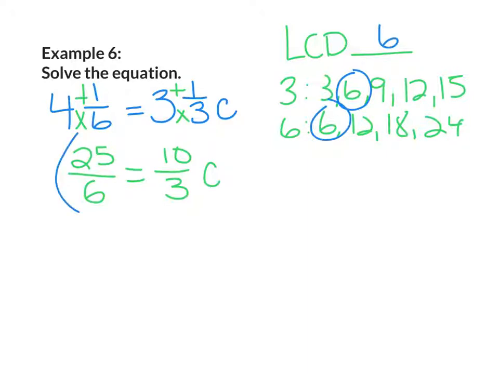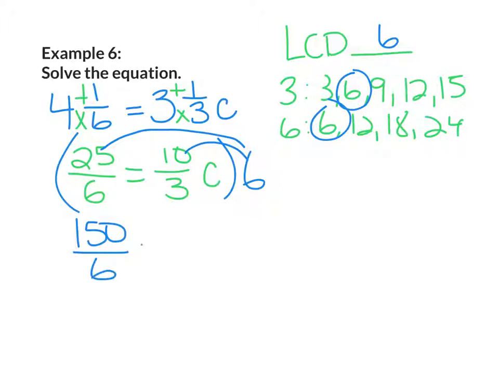I'm going to multiply my equation by 6, so I'm going to distribute and multiply with my first term and my second term. So 25 times 6 is going to give me 150 over 6, and then 10 times 6 gives me 60 over 3. And then I bring down my variable.